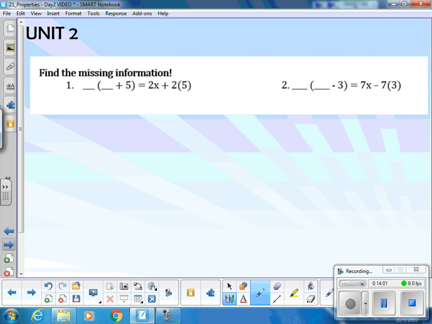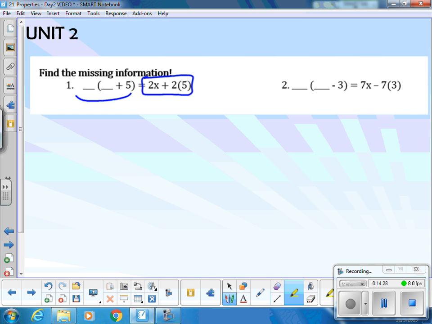And we're going to look at a different type that you may not have seen. This is doing your distributive property in reverse, so it's a little bit more challenging. So this is our distributive property, what we started with before, and this is its product or its answer. So you're going to look at what is the factor that's being shared. So if you look at, I've got 2x, 2 times x, and a 2 times a 5.